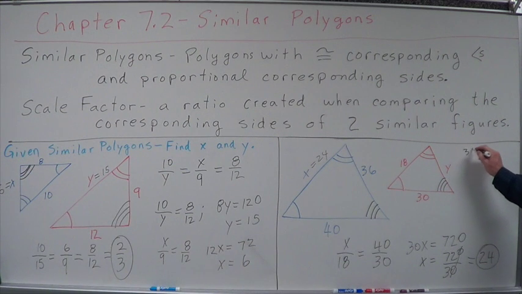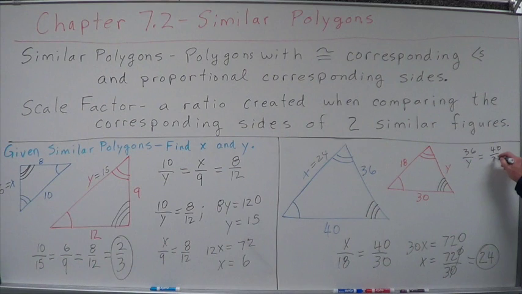What does this mean? This means 36 is to y equals 40 is to 30. We can do that. Now, would you expect the y to be less than or bigger? I would expect it to be less than. 4/3.